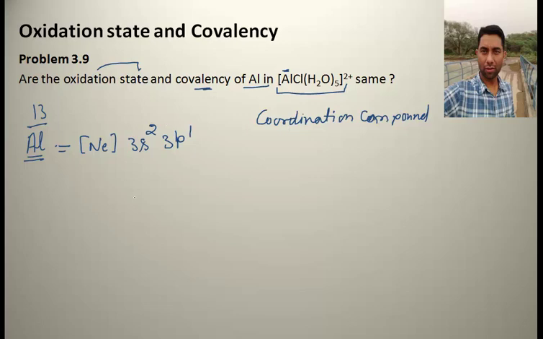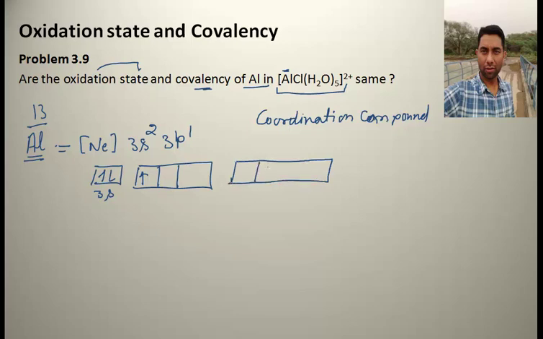Or if I represent it like this, 2 electrons will be in the 3s orbital, and 3p contains only 1 electron, and then there are vacant 3d orbitals. This is the ground state representation for aluminium.